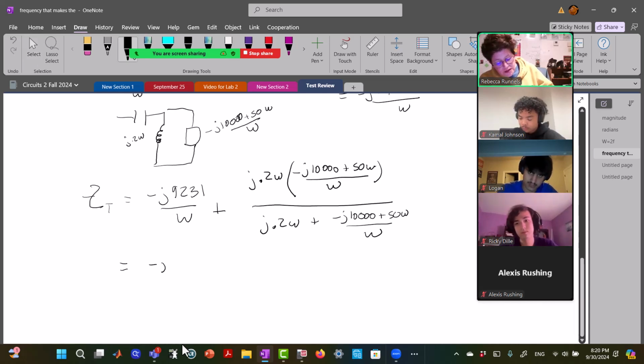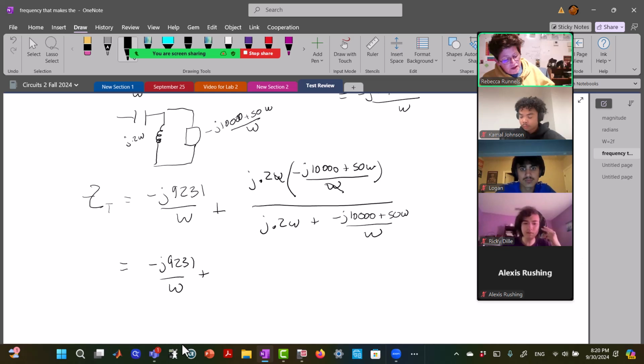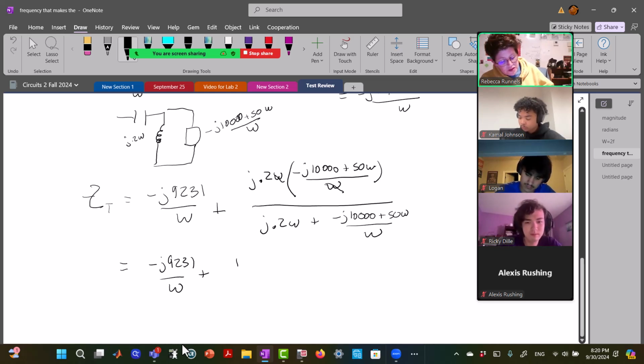So this is minus j9231 over omega plus, now these omegas will cancel, and I want to get this, well, let me just go ahead, I won't do too many steps at once.